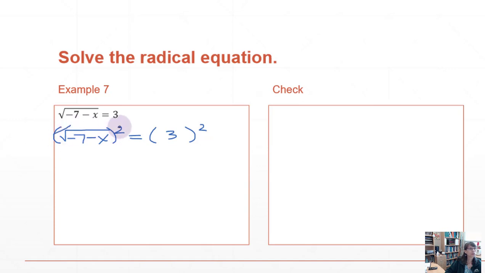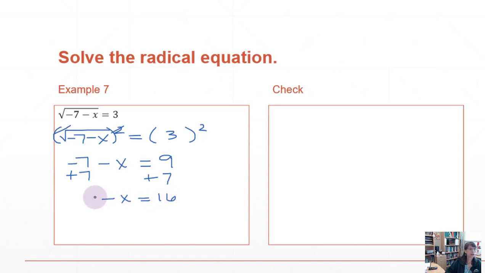Squaring will undo the square root, so we end up with negative 7 minus x equals 3 squared, which is 3 times 3, which is 9. So in order to solve for x, it looks like we better add 7 to both sides of the equation to get negative x equals 16.